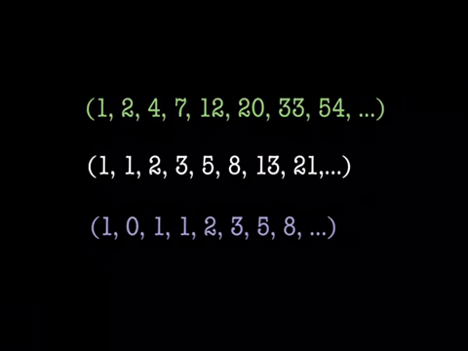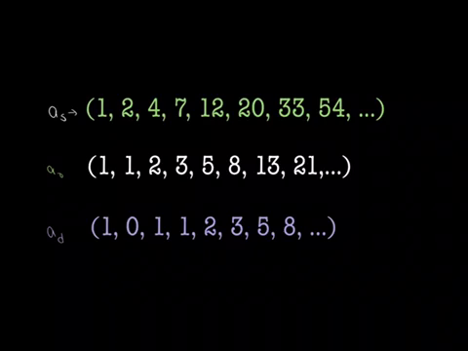Let's actually look at calculating the sequence of differences of the sequence of partial sums of the Fibonacci sequence. So remember, the sequence of partial sums, A sub s, is this little guy in green. We're going to put A sub 0 here, and then the sequence of differences is right here. Now let's calculate the sequence of differences of A sub s, the sequence of partial sums.